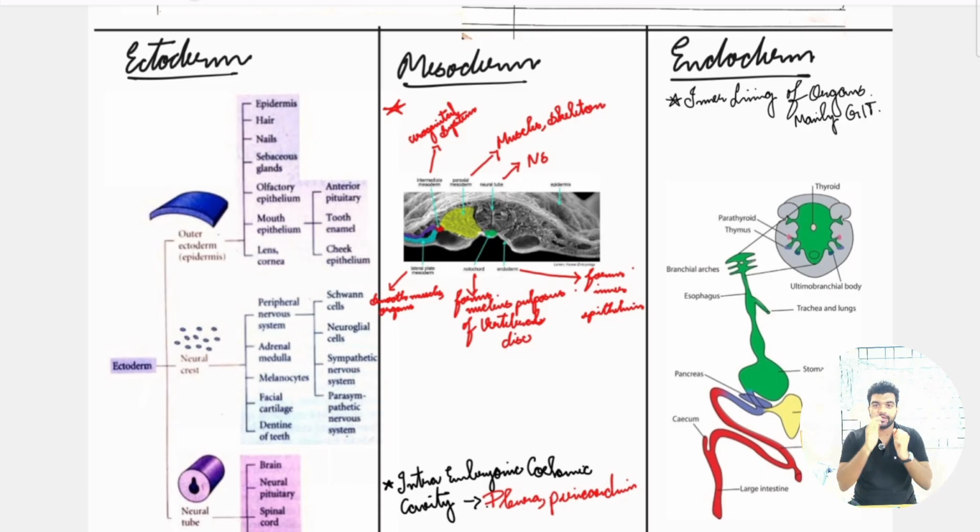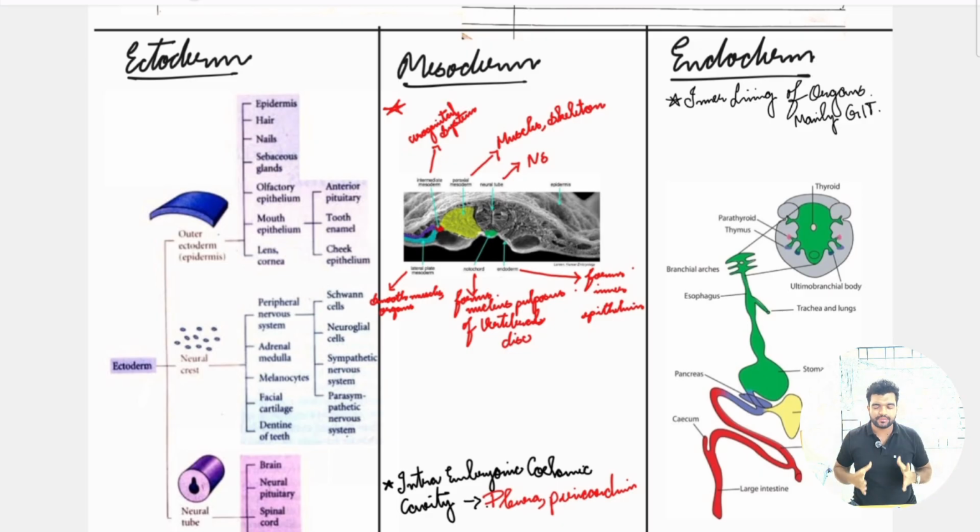These three layers decide what it is going to be, or what cells it will be forming into. Okay, so during gastrulation, for your exams, the only thing that you need to remember is what each specific layer will be forming into: what the ectoderm will be forming into, what the mesoderm, and what the endoderm will be forming into. So remember, ectoderm is all the outer things that will be formed in the body.